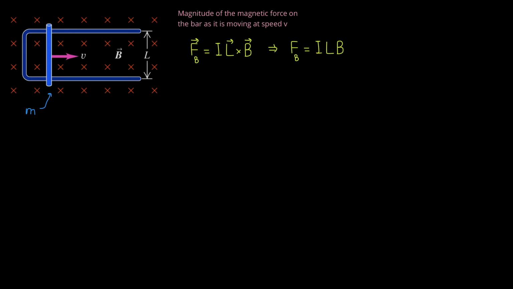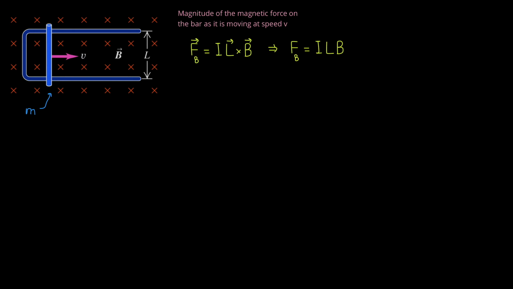Now, because vector L is pointing either up or down, we don't know the direction of the induced current right now, but it's along the bar, so it's vertical, either up or down. And the magnetic field vector is into the page. L and B are perpendicular to one another, so the angle between vector L and vector B is 90 degrees.